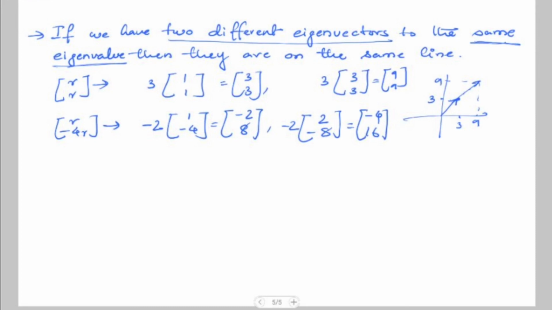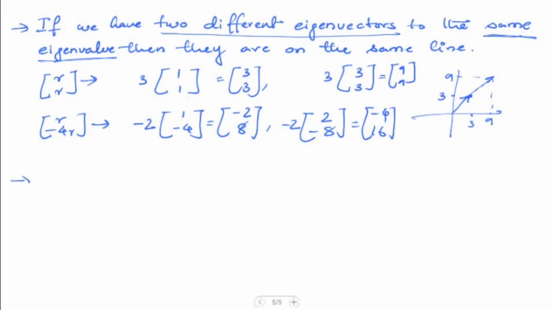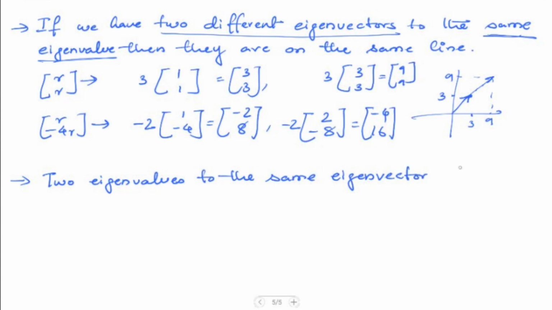Now we have one more statement which is true, that is two eigenvalues to the same eigenvector are on the same line.